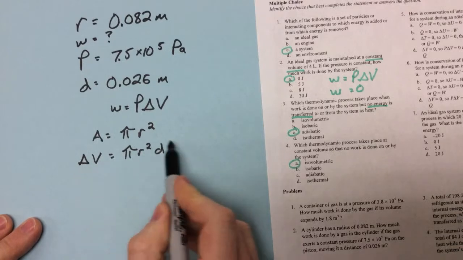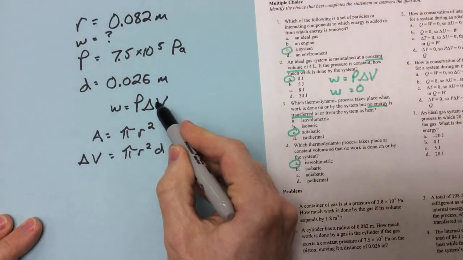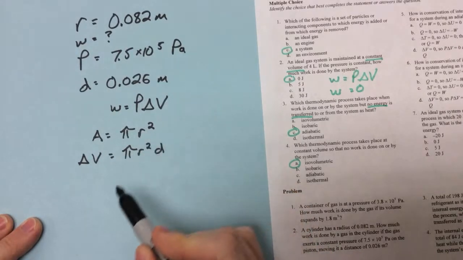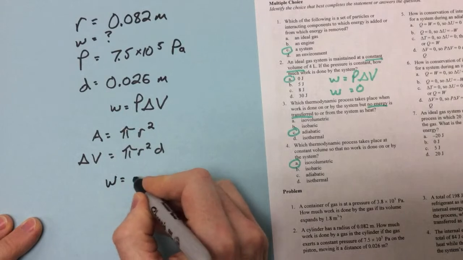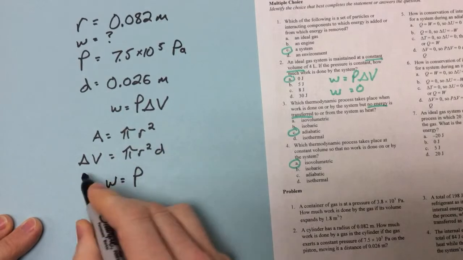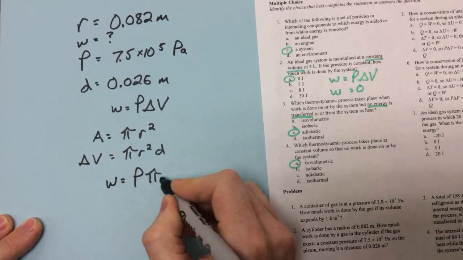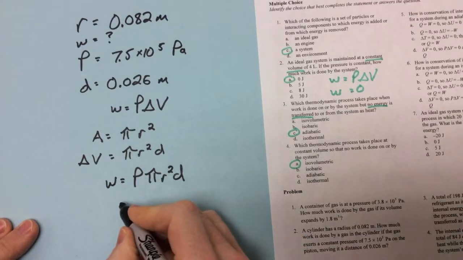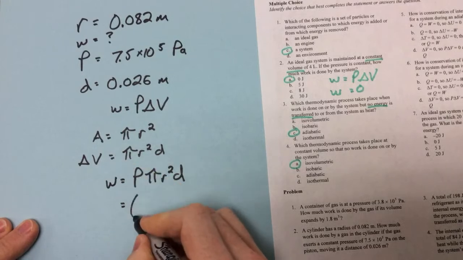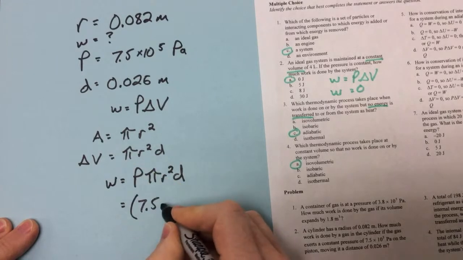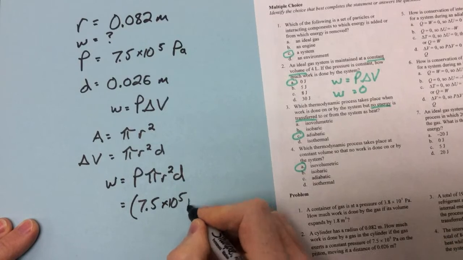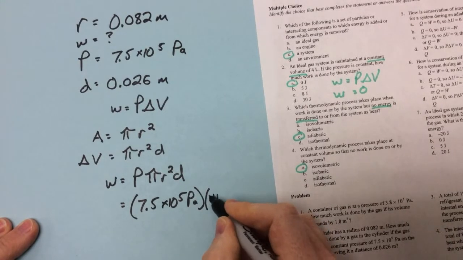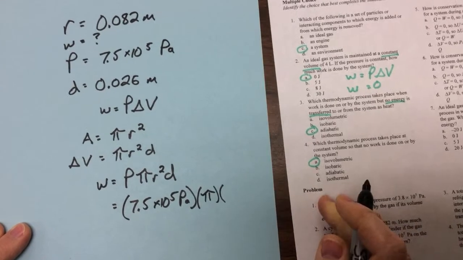And so let's just go ahead and plug this right back up into this equation, right? So this is your delta V, and we're going to plug it in here for that delta V. So work is your pressure times the delta V, which is pi r squared d. Okay? And so now we just plug in some numbers. We have a pressure of 7.5 times 10 to the 5th pascals, and then we have pi times a radius.